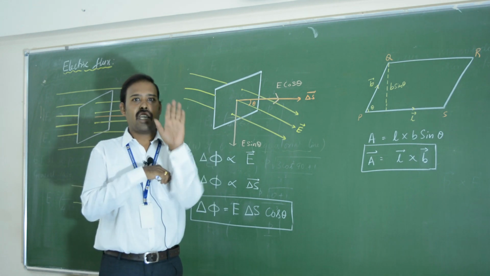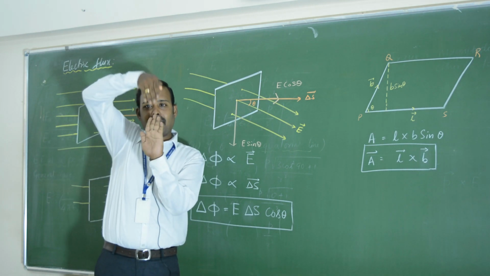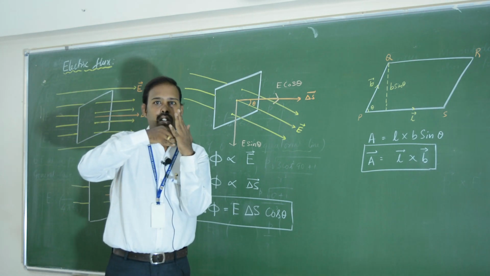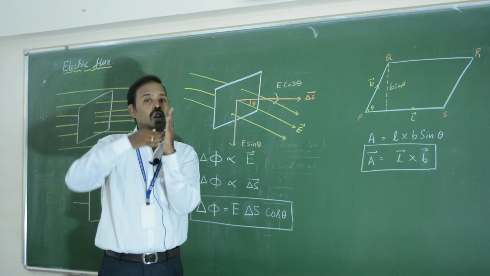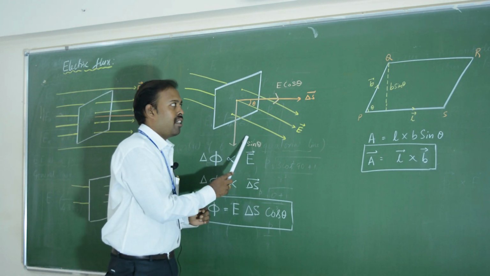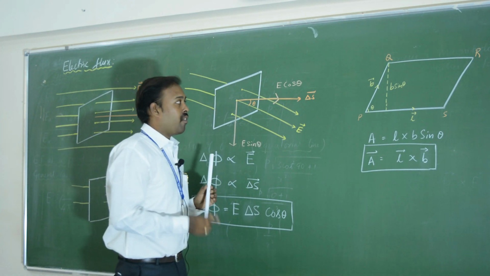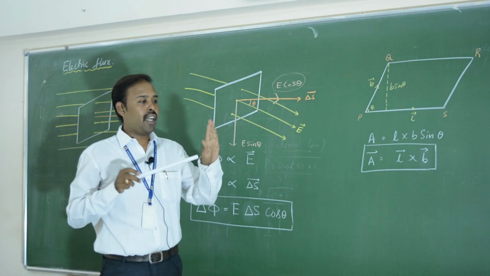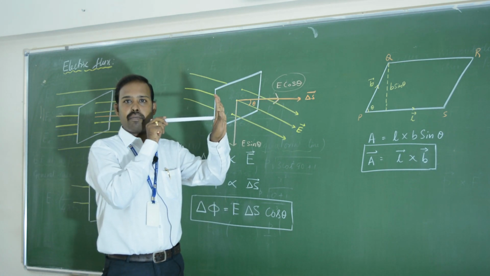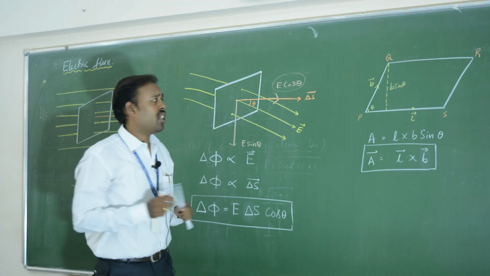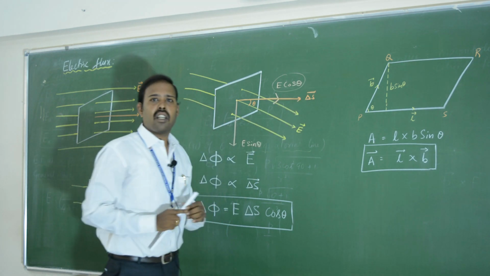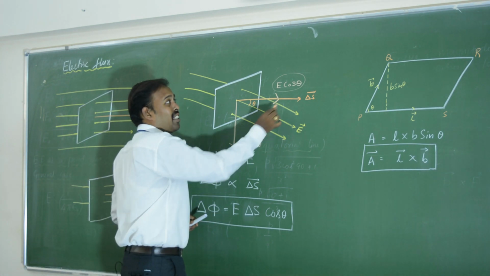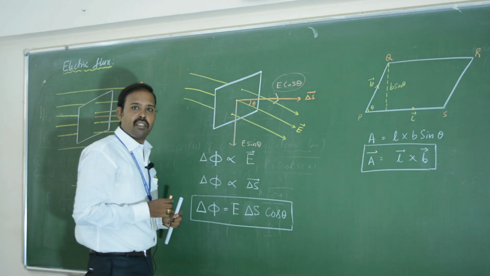For example, if this is a surface, the air is passing like this. According to the definition, it has to pass normal to the surface, so I cannot take this component. The component I can take is E cos theta, because it is normal to the area vector. So this also depends on the angle, correct?